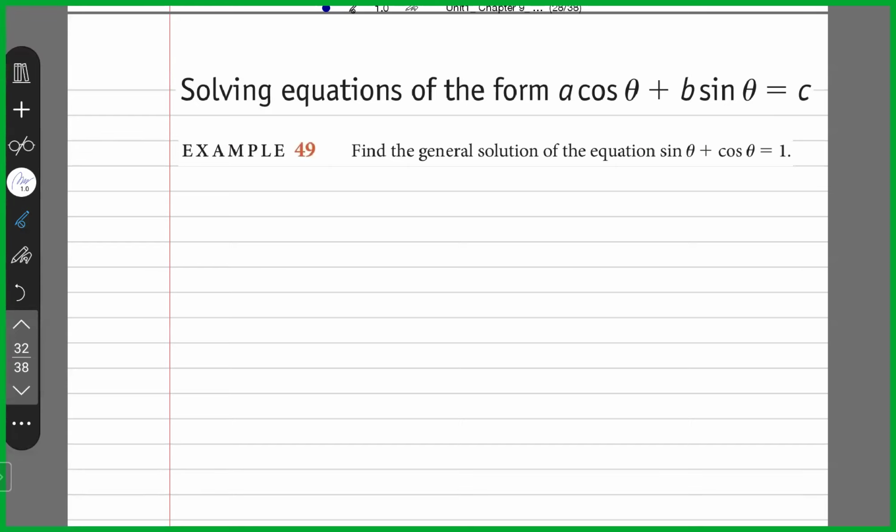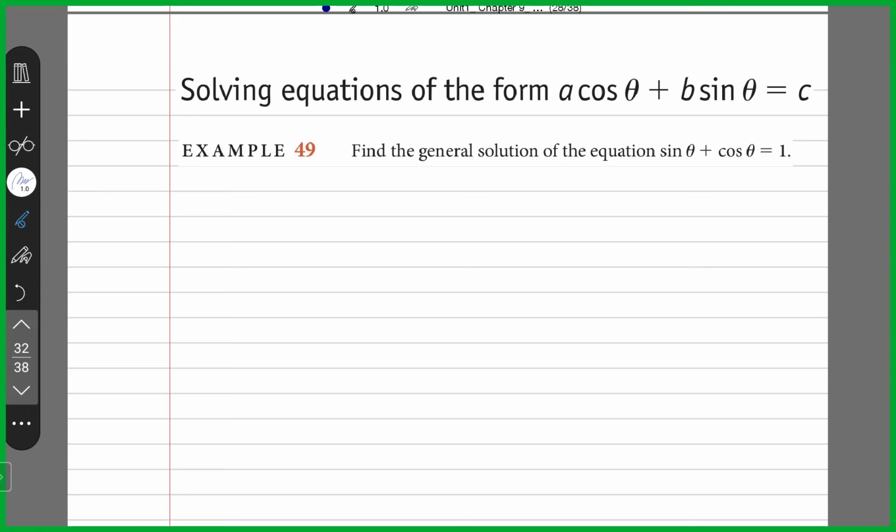All right, so in this section, we're looking at equations of the form a cos theta plus b sin theta is equal to c. Example 49, we're asked to find the general solution.